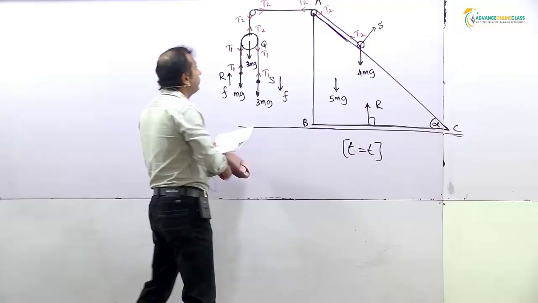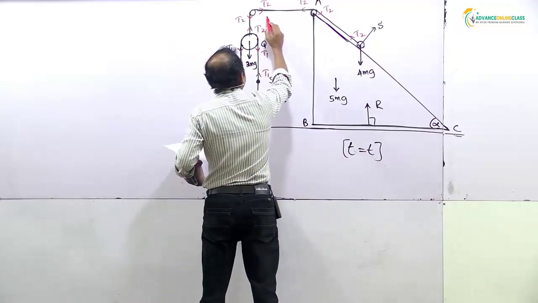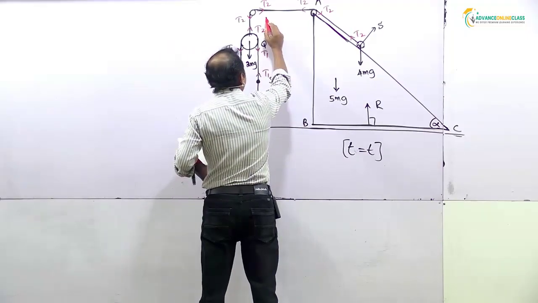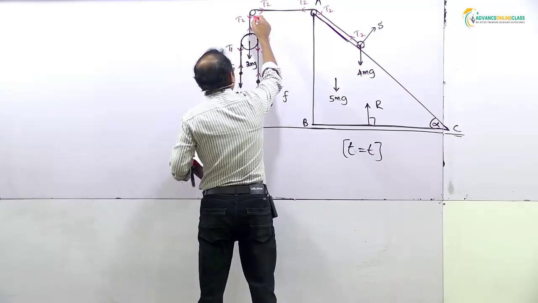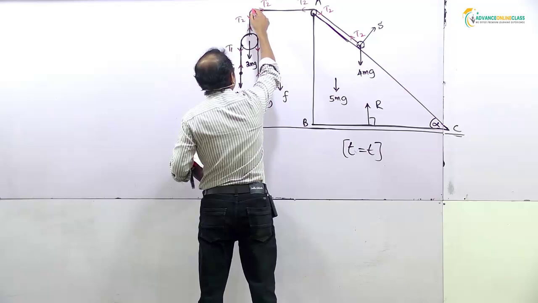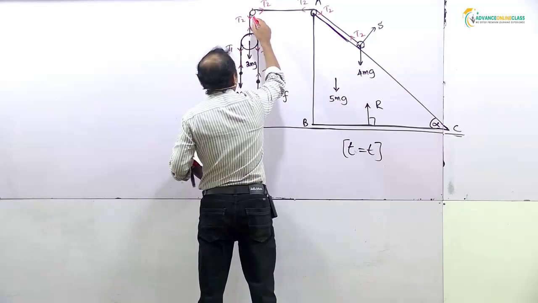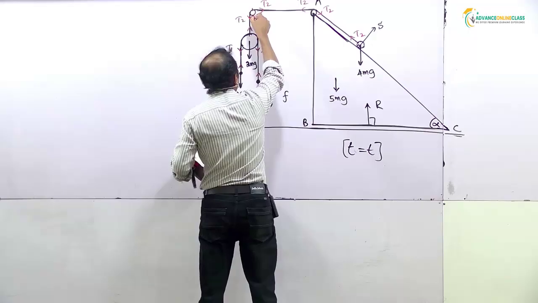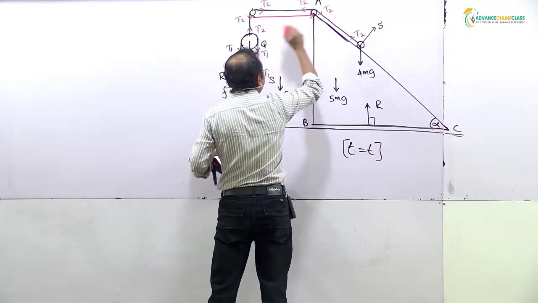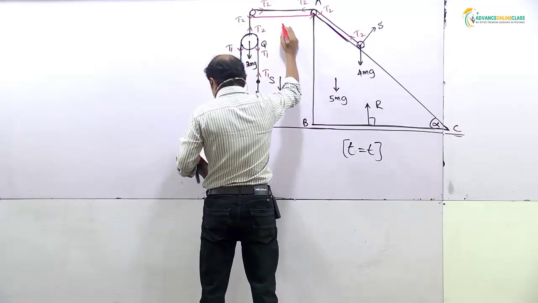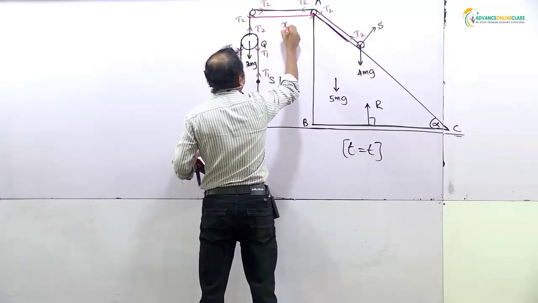At time t equals t, I can measure the distance from this fixed position. This is a fixed point. From this fixed point to this moving one, I can measure the distance as x.